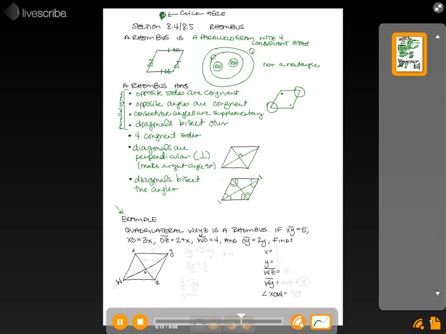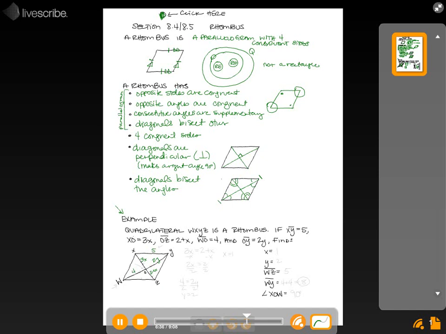They gave us the picture, but the picture's not marked, so we need to go through and mark it first of all. Okay? XY is 5, XO is 3x, OZ is 2 plus x, WO is 4, and OY is 2y. Okay, we need to find all of these things.